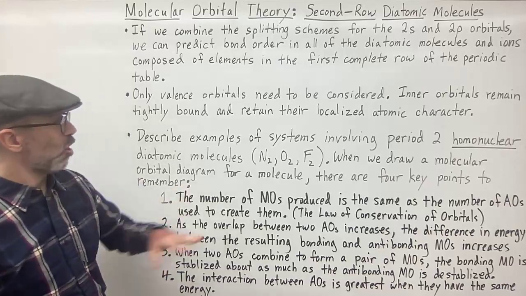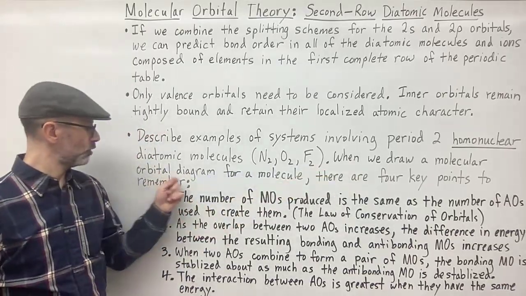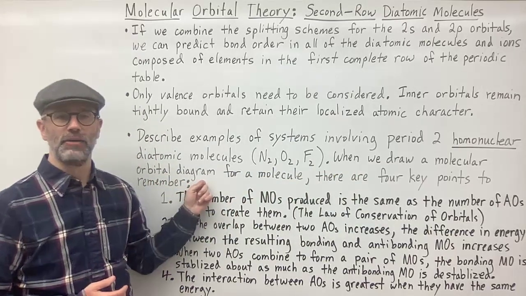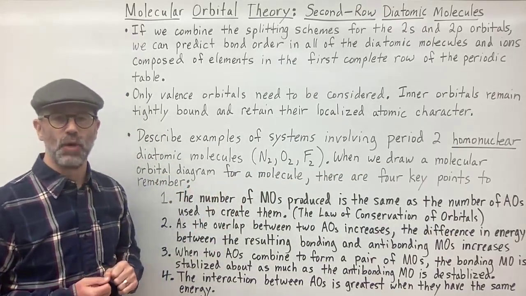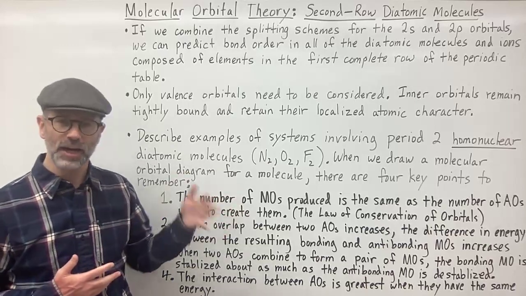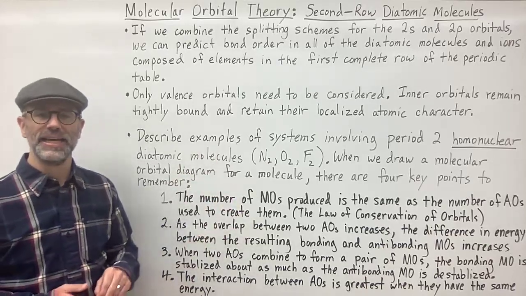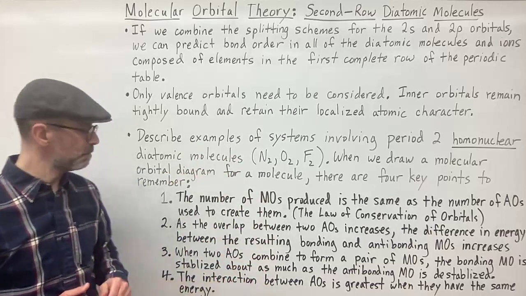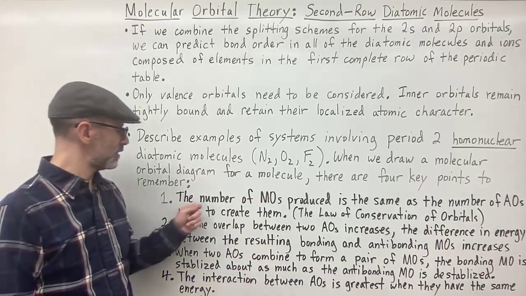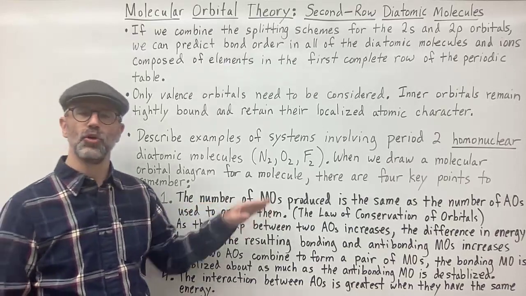When we are drawing a molecular orbital diagram or energy level diagram for a molecule, there's four key points that you want to remember. And you'll remember I covered these in another video, but I didn't really list them, but I'm going to list them here. So the first thing is the number of molecular orbitals.